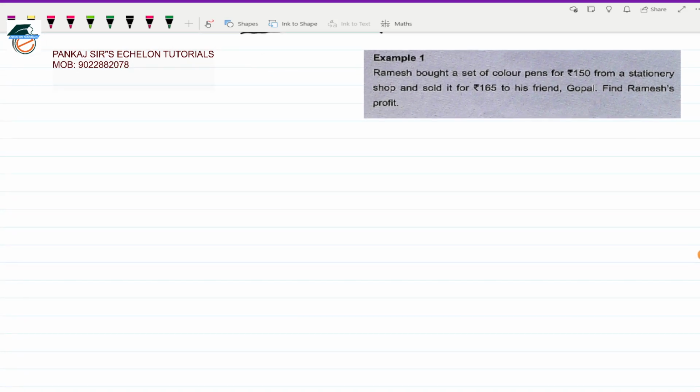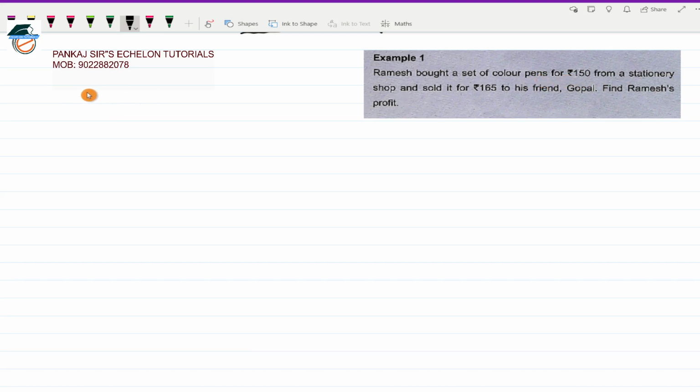Now this is from profit and loss chapter, and the example 1 says that Ramesh bought a set of color pens for rupees 150 from a stationery shop and sold it for rupees 165 to his friend Gopal. Find Ramesh's profit. Okay. So what all things are given that we are going to write first. Ramesh bought a set of color pens for rupees 150.